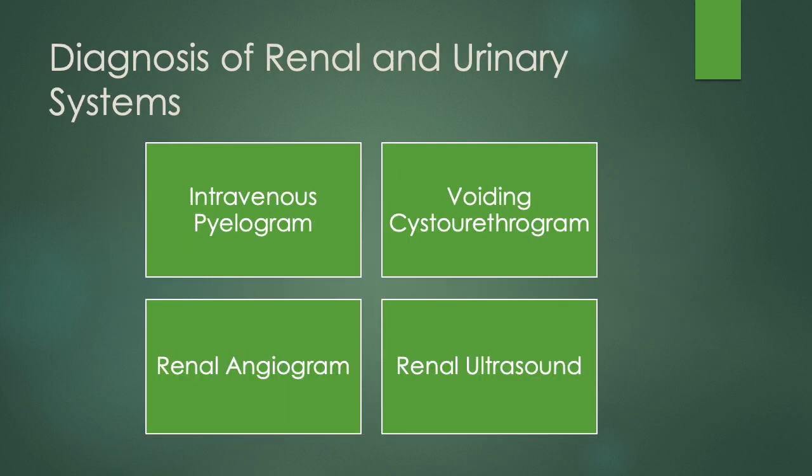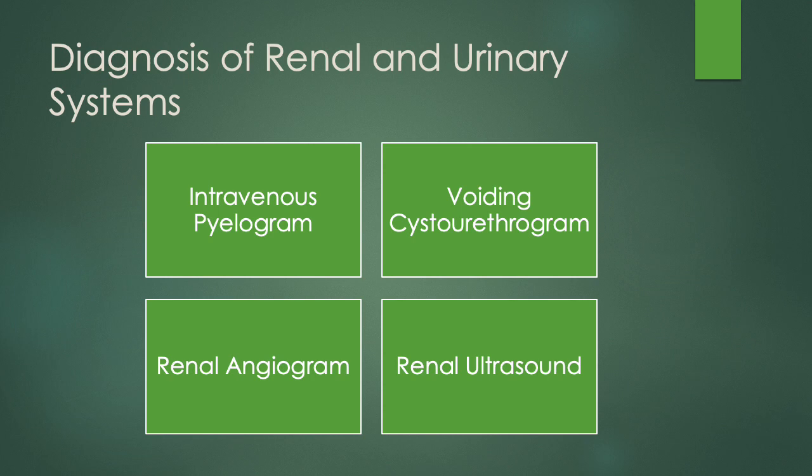There are different ways that you can diagnose renal and urinary issues, and they include intravenous pyelogram, which is an injection of radiocontrast dye to allow the visualization of your kidneys, ureters, and bladder. You may have a VCUG, or voiding cystourethrogram, and this is an X-ray examination of the bladder and urethra that is completed after your contrast dye is inserted into the bladder.